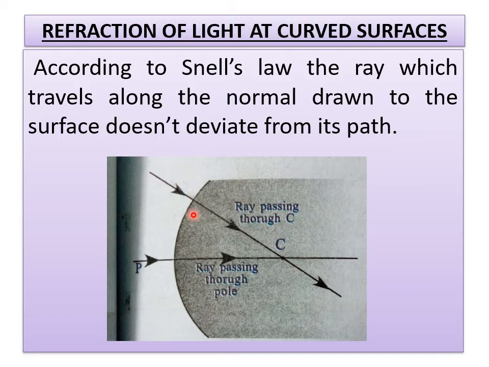So in this case, whatever light rays we are considering, one travels along the normal, and one more is traveling along the center of curvature. They do not deviate. So you have to remember, according to Snell's law, the ray which travels along the normal drawn to the surface does not deviate from its path. This is the point you have to remember for the further classes.